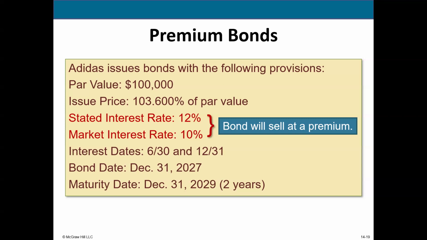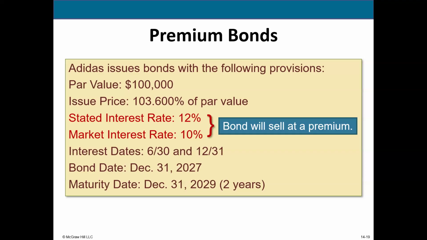So obviously the difference here is ultimately 2%. But the way that this works is, in this case, Adidas is issuing $100,000 par value. The stated rate is 12% for semi-annual payments, 2 years.